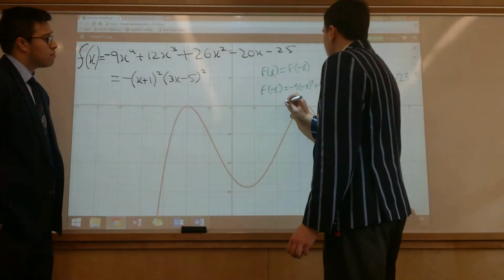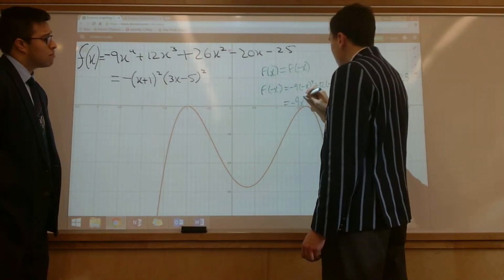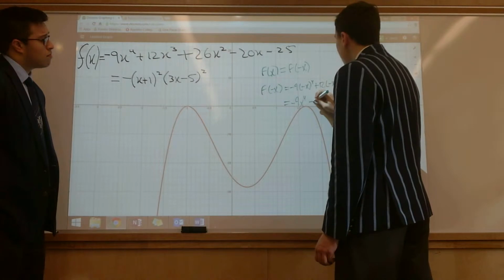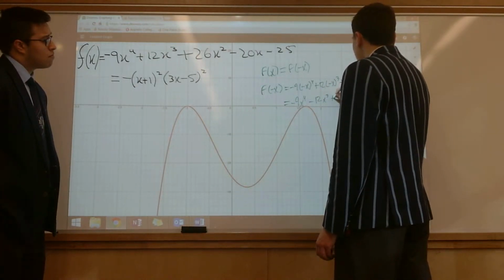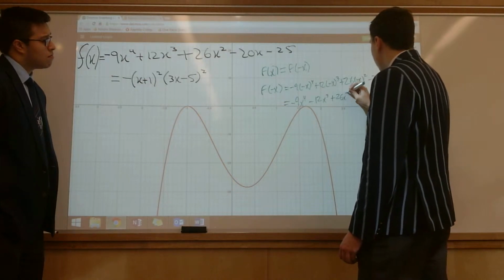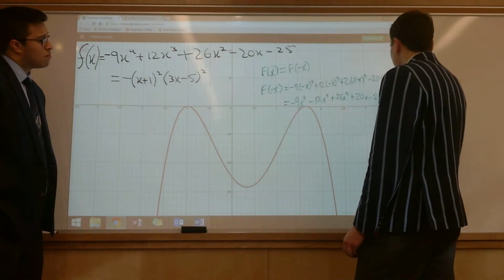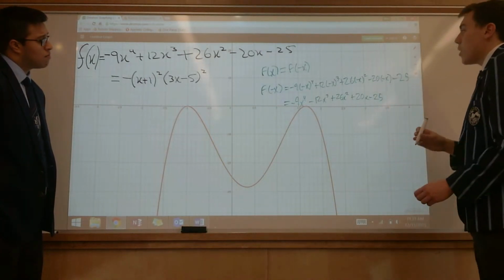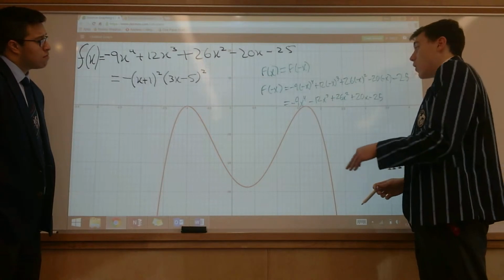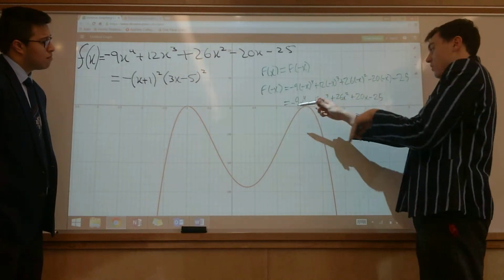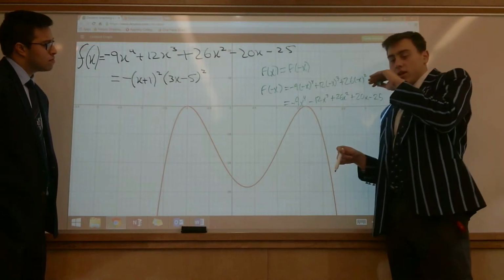So this is going to equal negative 9x to the fourth minus 12x to the third plus 26x squared plus 20x minus 25. And so you can see that f of x does not equal f of negative x. Therefore, this function does not have even symmetry.